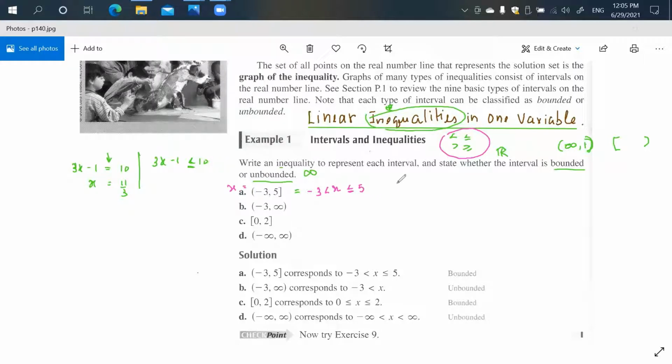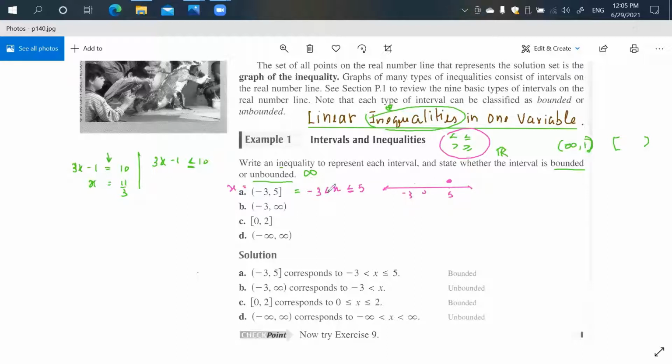So in this one, if you plot the graph, we review everything now, because we're gonna plot graphs on the number line also. Assume this is 0 here, -3 right here, and 5 on this side. When you represent it on the number line, 5 has an equal sign, so you write a black dot.